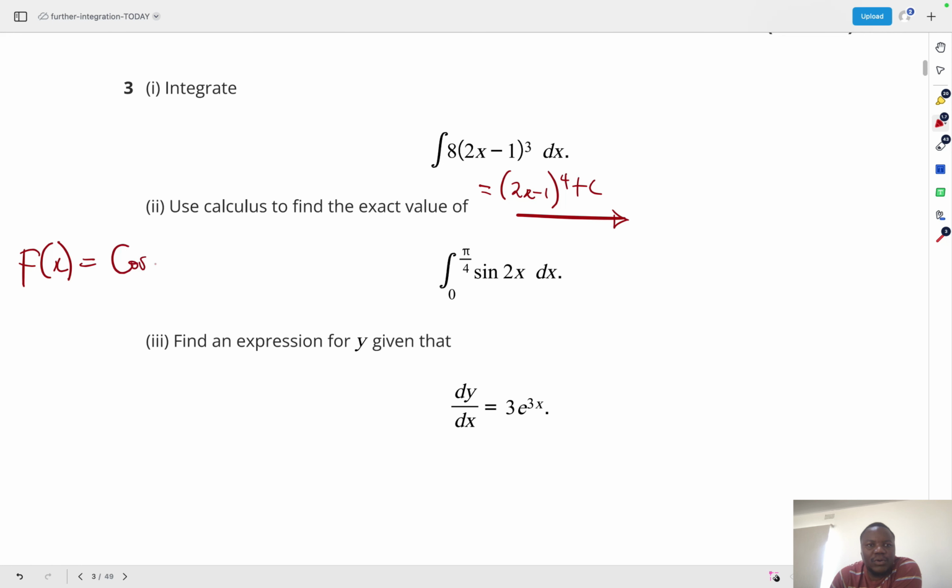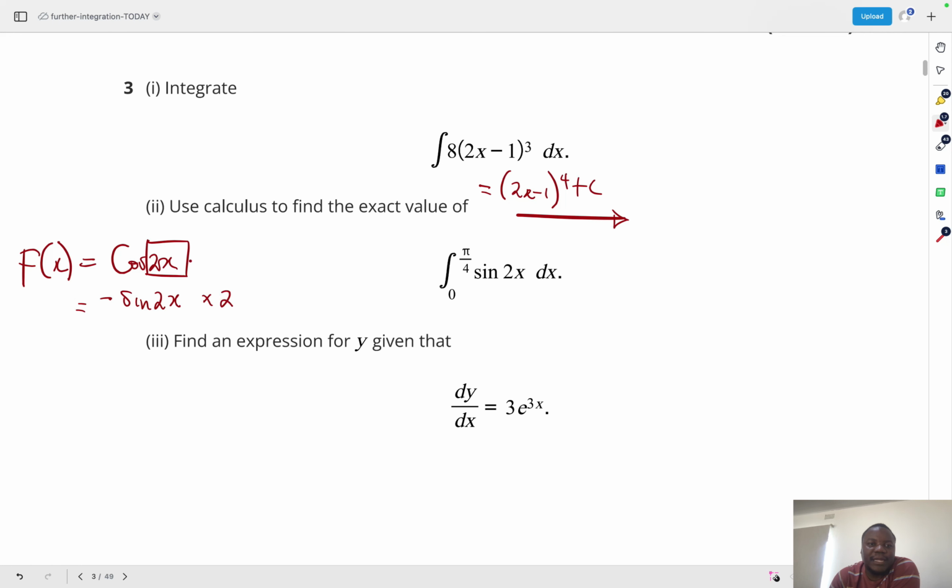Now, what we know, let's say you've been given f of x equals cos 2x. What we know is that in this situation, since the derivative of cos is negative sine, in this case negative sin 2x, times the derivative of the inside itself, which is 2.